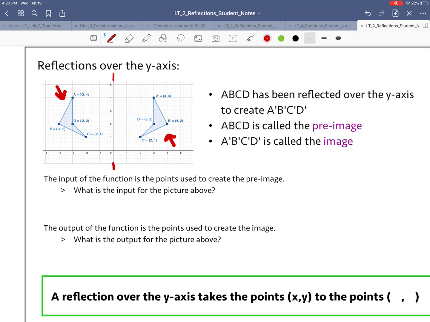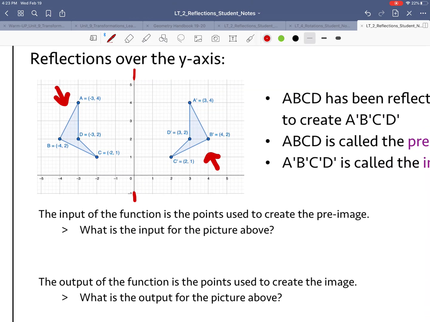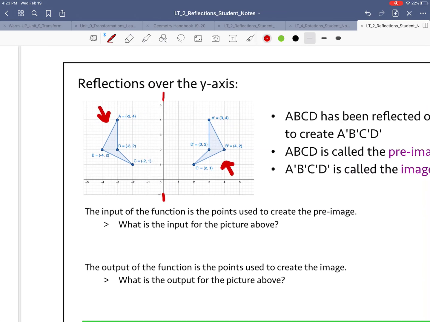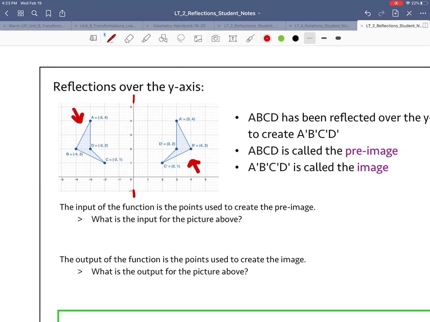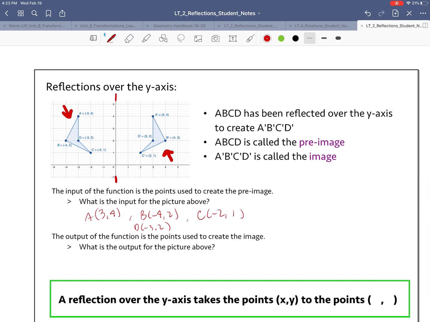So the input of the function is always going to be the coordinates of the pre-image, what you start with. That's what you're inputting, right? So we get A, B, C, and D. The output is the coordinates of our image, what we're getting.